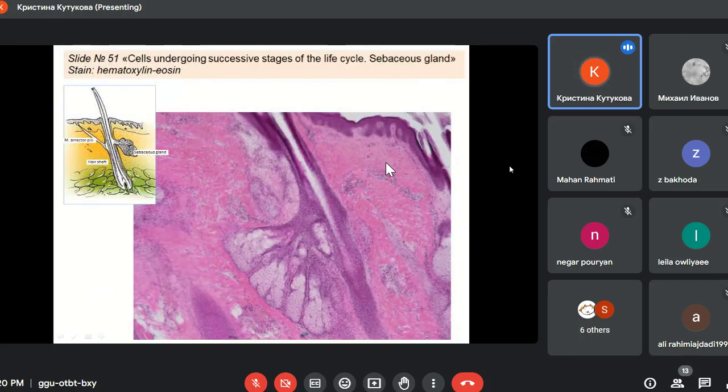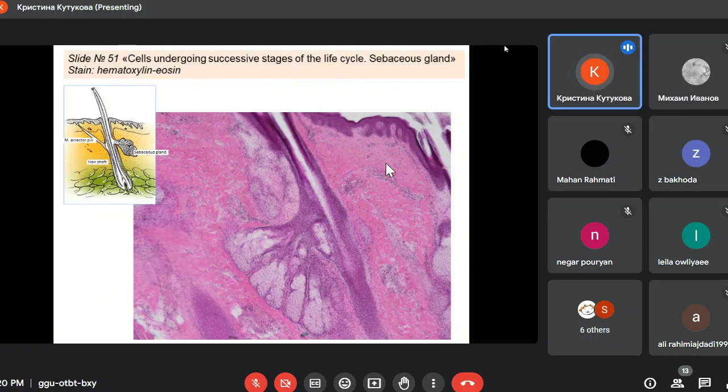Here is our histological preparation of a section of the skin with a sebaceous gland. This is the so-called thin skin with hair. So it is the section of some surface of our skin with hair.